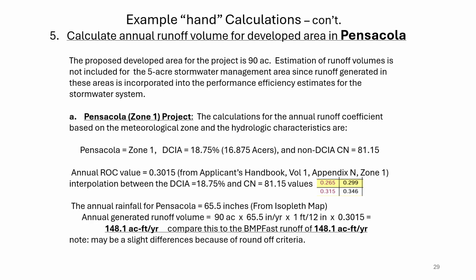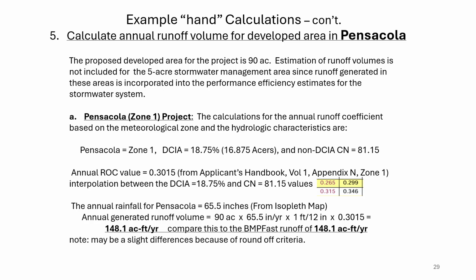For Pensacola, which falls into Zone 1, we identify the hydrologic characteristics as having a directly connected impervious area, or DCIA, of 18.75%, which translates to 16.875 acres. The non-DCIA curve number is 81.15.